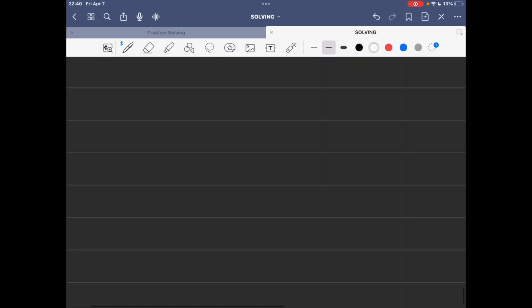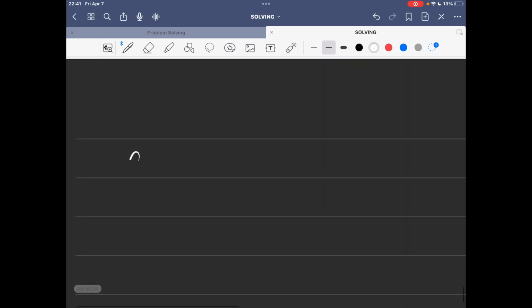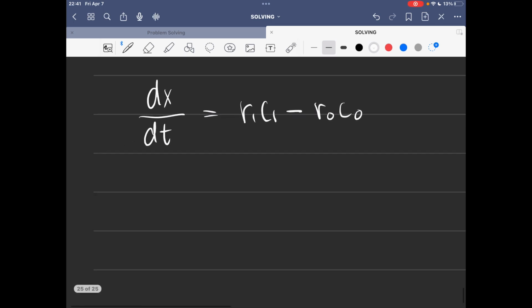So with our formula, dx over dt is equal to R sub I times C sub I minus R sub O times C sub O. That is our formula.